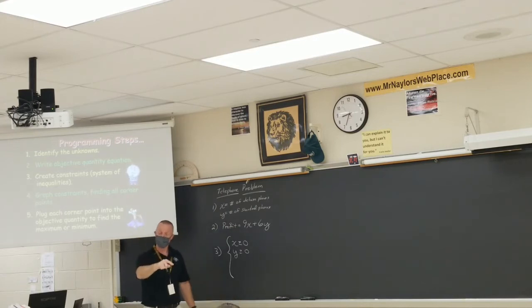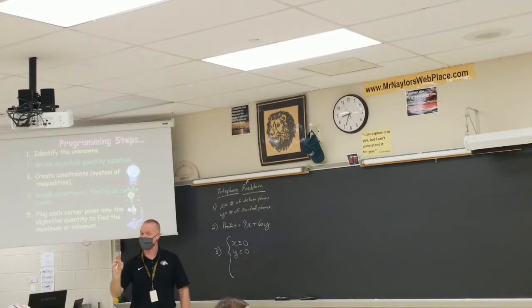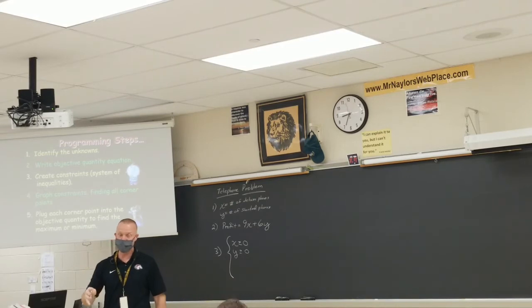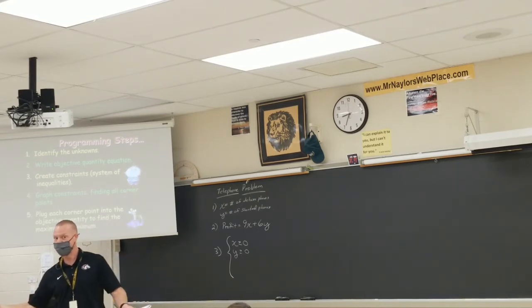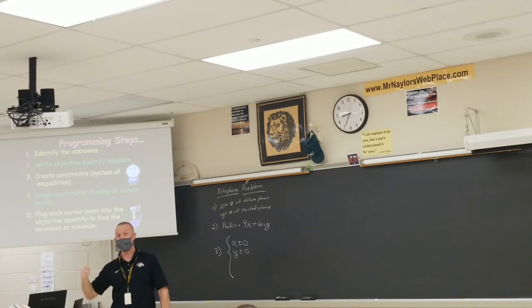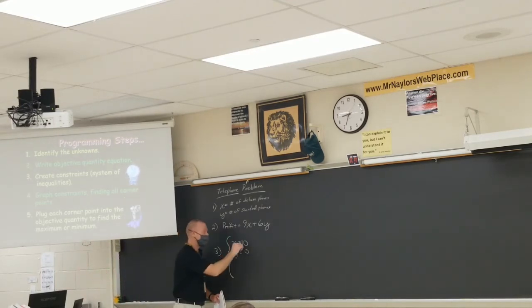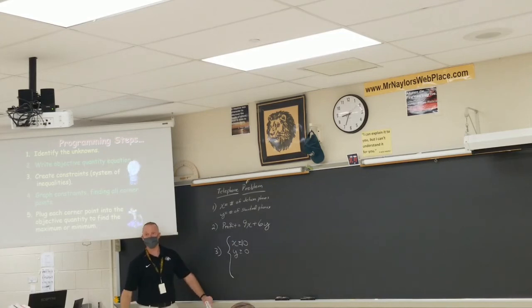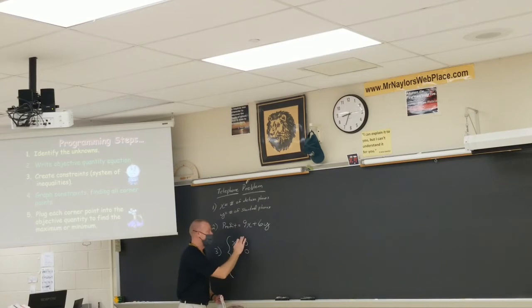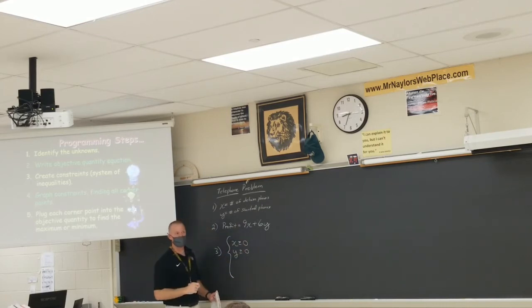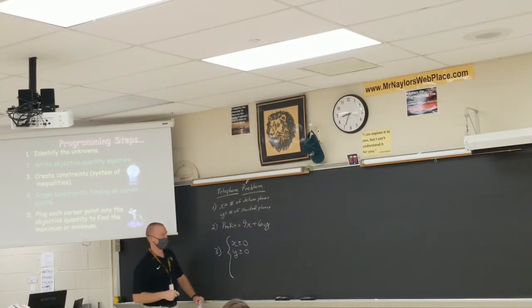Unless there's something more powerful said. Like maybe something more powerful says you got to make at least 10 deluxe phones. Listen, if you read in a sentence, I got to make at least 10 phones because that's what the boss wants, now X has to be greater than or equal to 10. But you didn't read that. Okay, so we don't have that constraint. It's almost like we go back to the default, greater than or equal to 0.